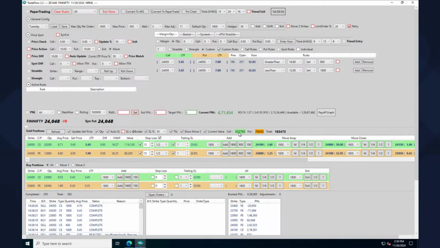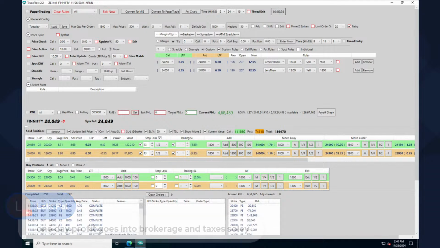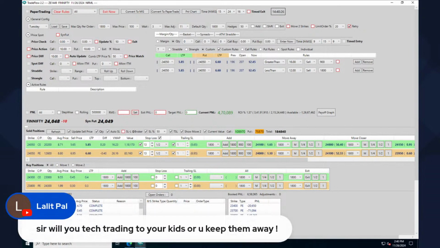I know call is a bit skewed here, but right now by looking at the open interest, the probability of this expiring above 24050 is very low. As you can see, right, these two have become quite close to each other. One day profit goes to, yeah, possibly, yes.